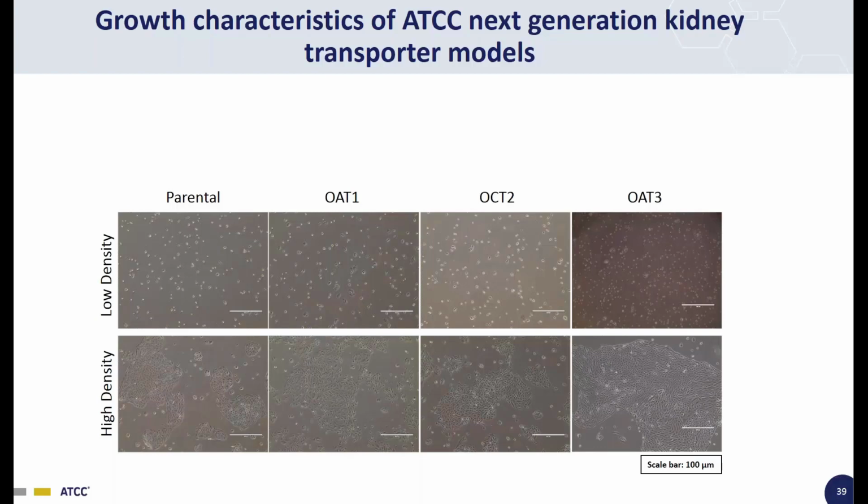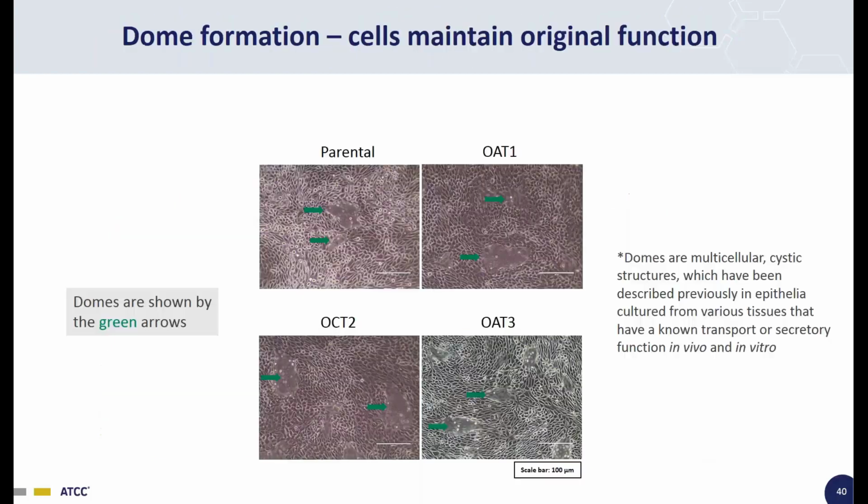First, let's look at the morphology. You can see we listed the cells at low density and high density, which look very similar to the parental line, shown in the first two pictures. Secondly, as we have been talking about before, we want to investigate how domes are formed in the clonal lines.